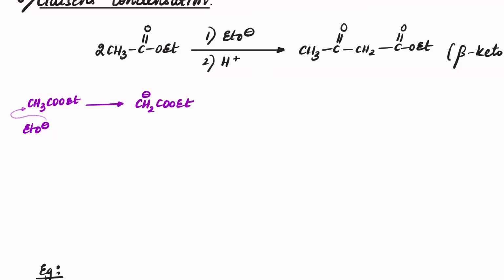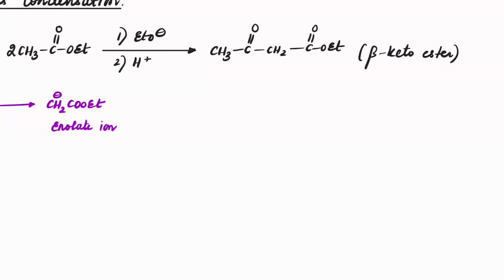It is just like an enolate ion, the carbanion which is formed. This is the first step. So this will be the enolate ion.